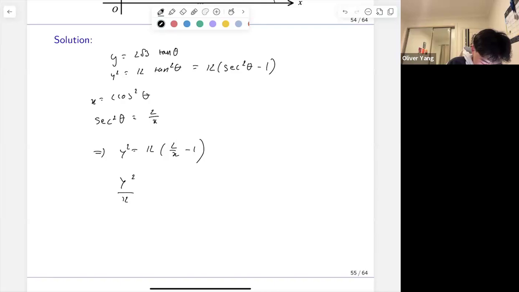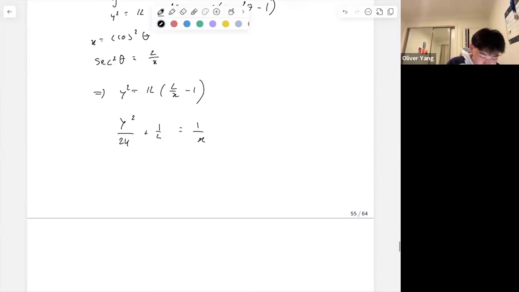And then plus 1, and then divide by 2 by the whole thing. So it's going to be 24 over y squared plus 12, and that's going to be 1 over x. So now we just have to flip everything, and you're going to get x equals 24 over y squared plus 12, right?